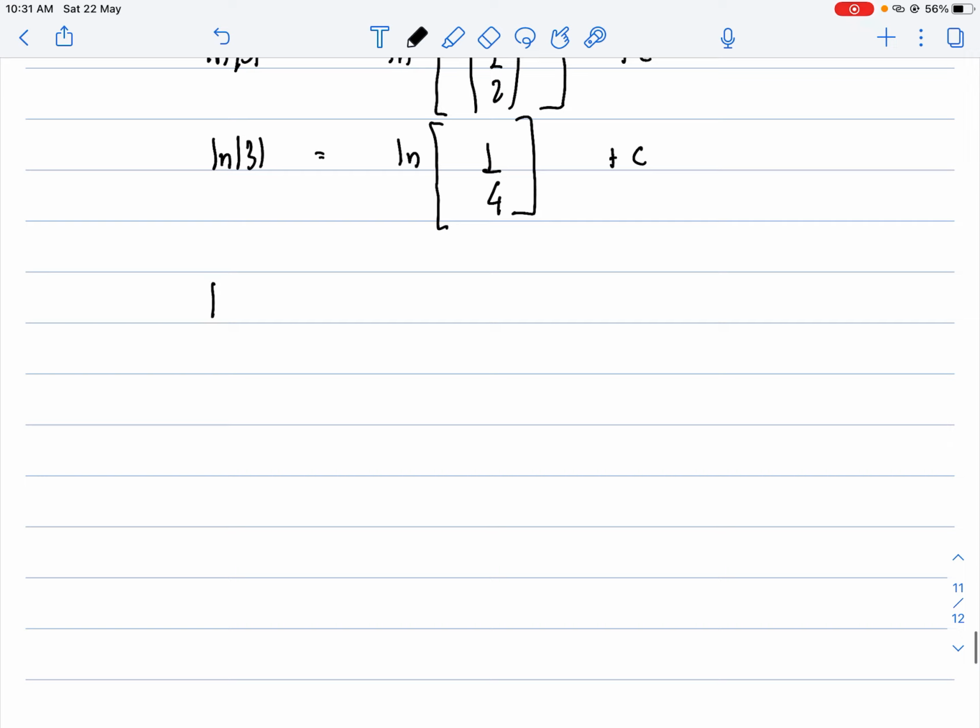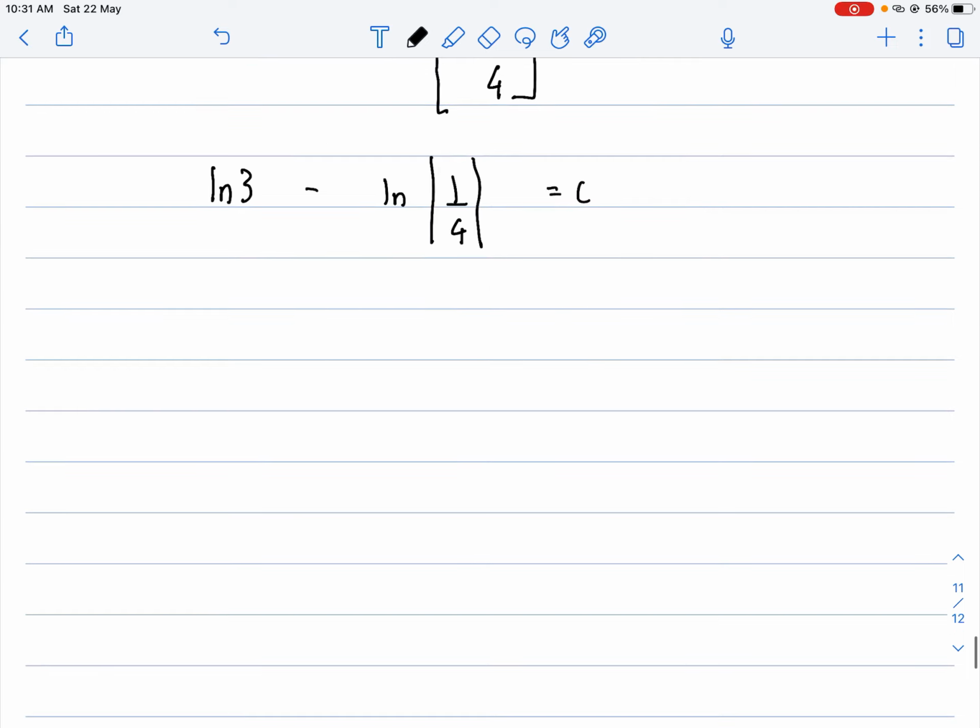Now I can write this basically as ln 3 minus ln 1 over 4 equals c. Now another log property here which states that log a minus log b equals log a over b.